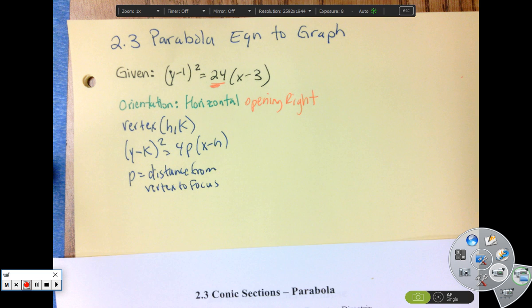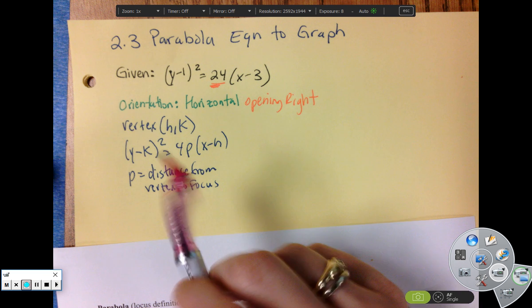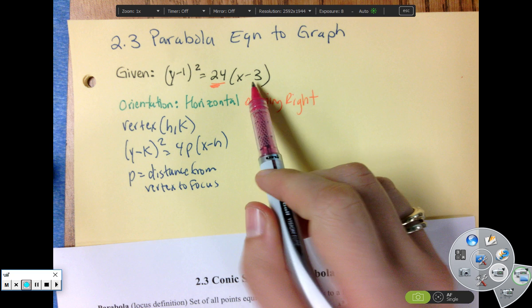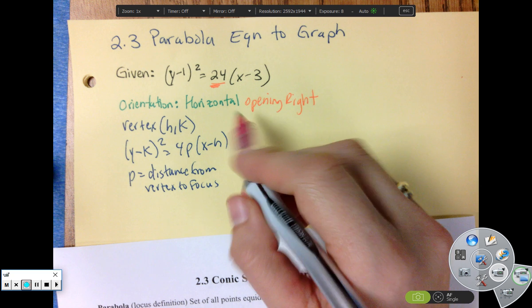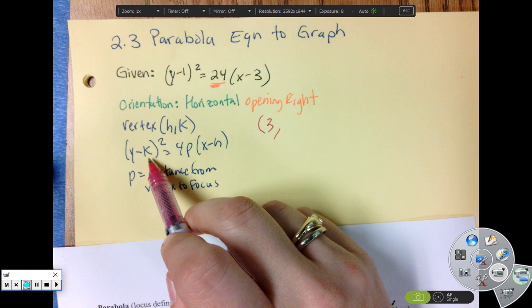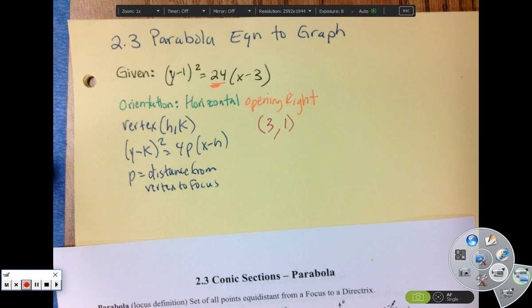So now if you do a straight comparison, hopefully you'll be able to recognize my h is with my x variable. So if I look up here, that means my h is 3. And then my k is with my y variable, and that will be 1. So this is my vertex.